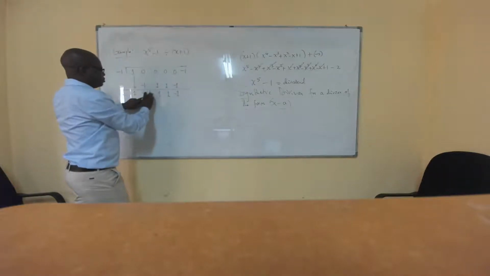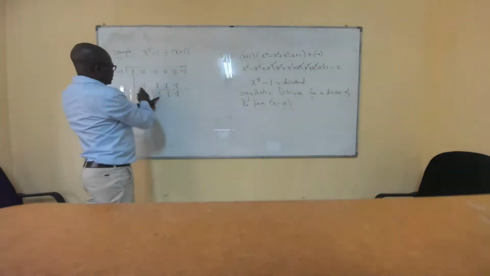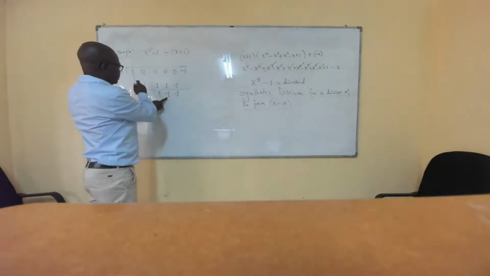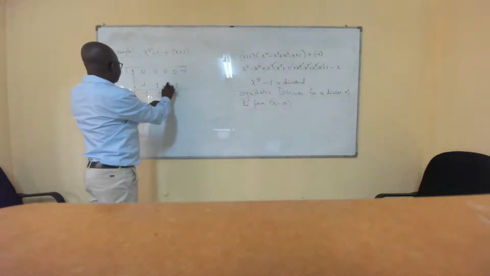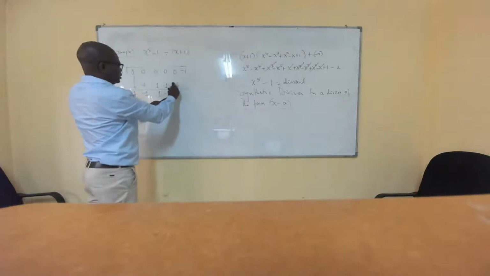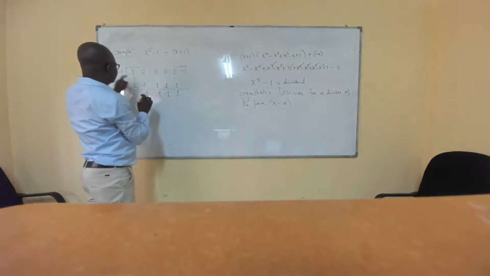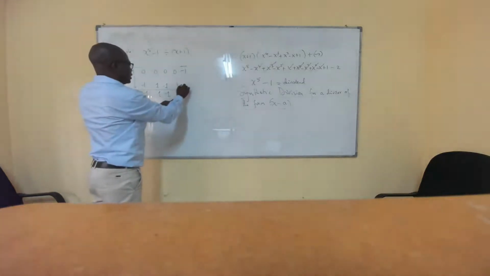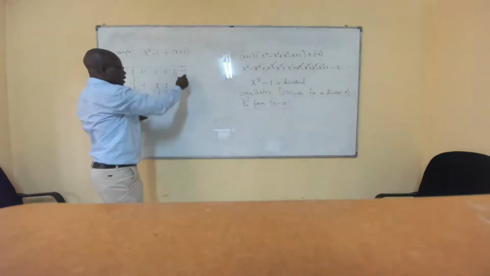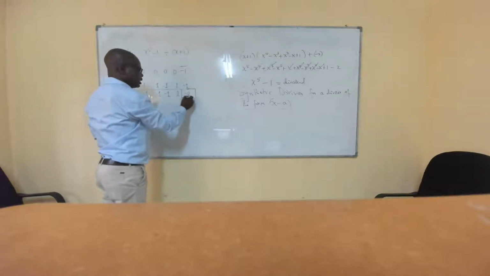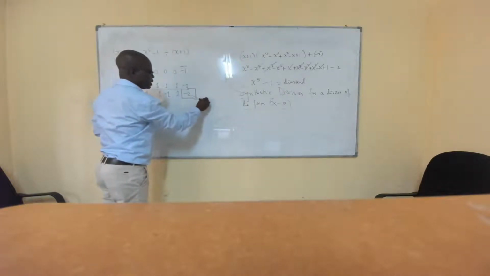So when you add, it should be 1 here, then here it is going to be plus. This time it is plus 1, adding to be 1 like this. Then minus 1 times 1 is negative 1. So when you add here, you have minus 2. So the last number is always the remainder.